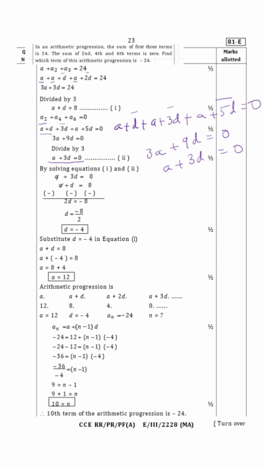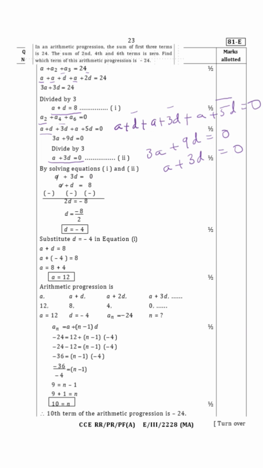Now we can solve first and second equations. A plus D is equal to 8 and A plus 3D is equal to 0. Here A and A get cancelled. If we subtract, 3D minus D is 2D, 0 minus 8 is minus 8.